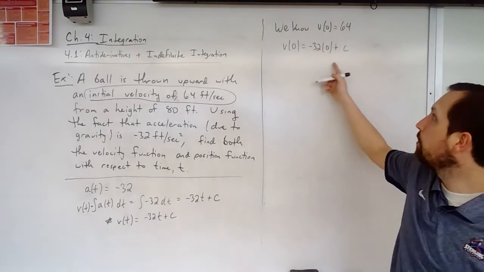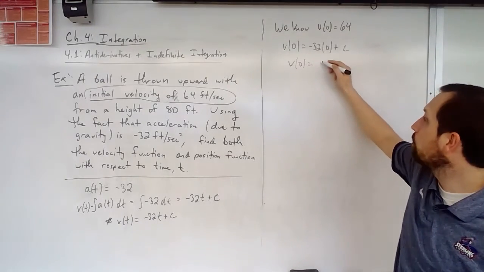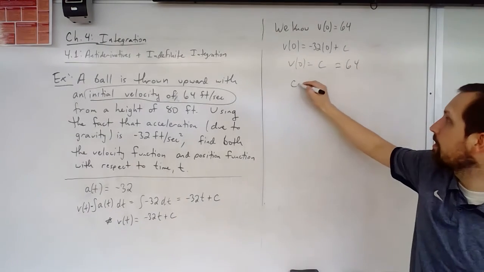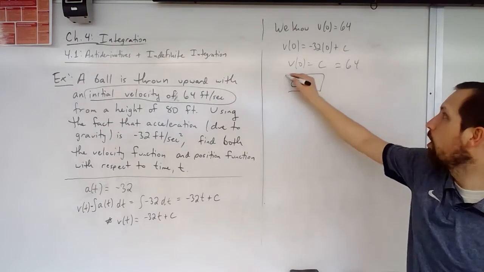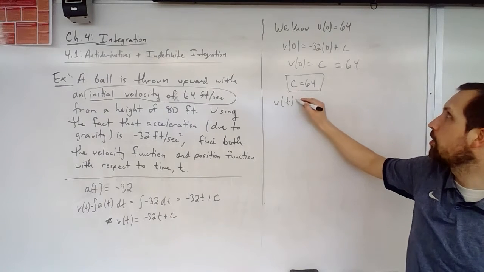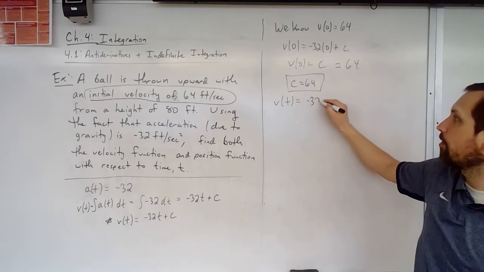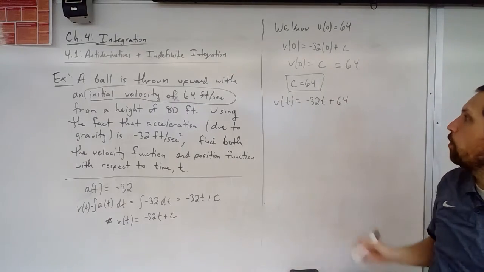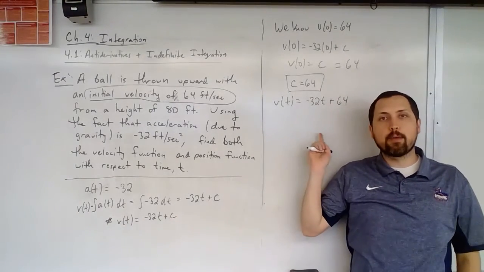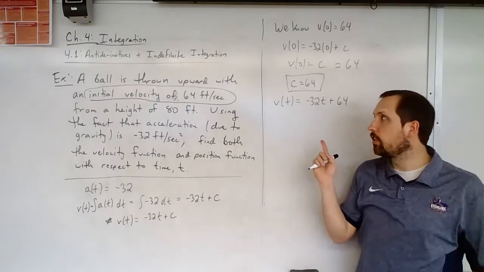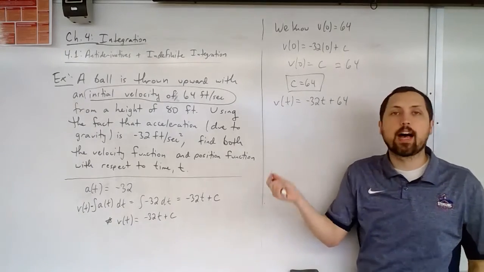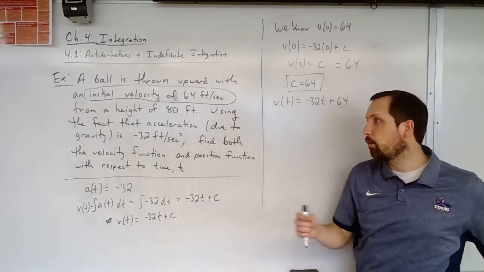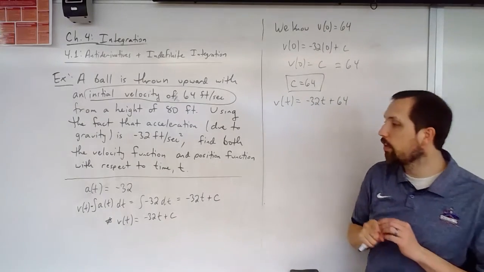But all I know is that v of 0 is equal to c. But that also must equal 64, so that says that c is equal to 64. So my velocity function is negative 32t plus 64. This is my unique velocity function that will give me the velocity of the ball as it's being thrown up in the air and then as it's starting to go down.